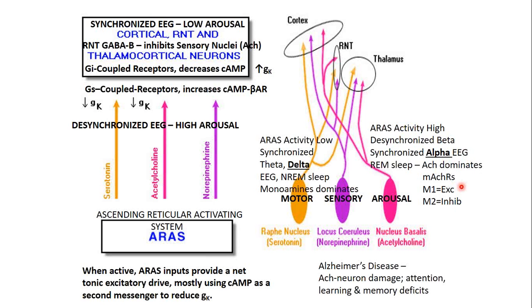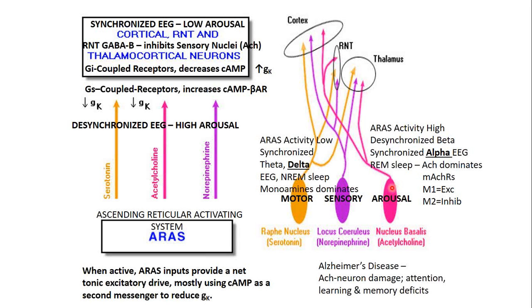And this is, of course, the input from the thalamus. And the input from the thalamus is coming from the nucleus basalis, which is primarily acetylcholine. And this is responsible for mainly the high arousal state.